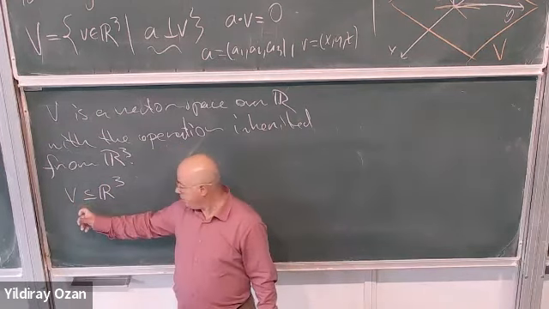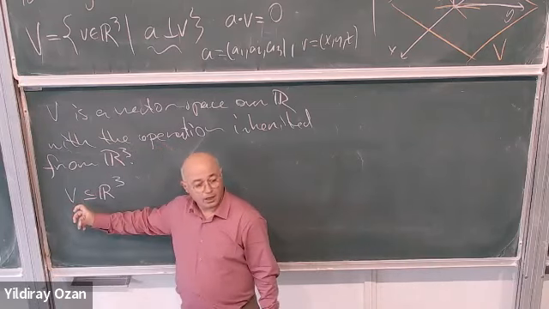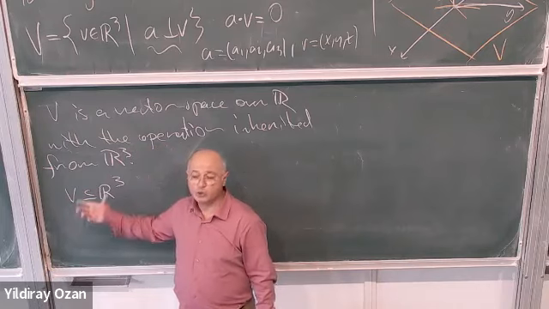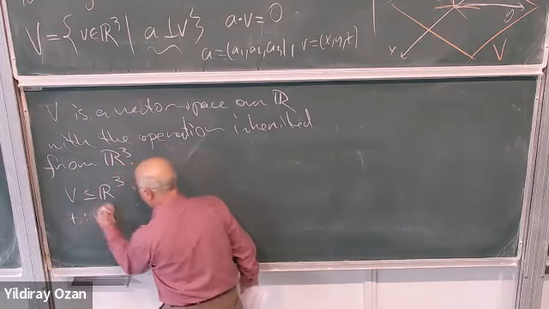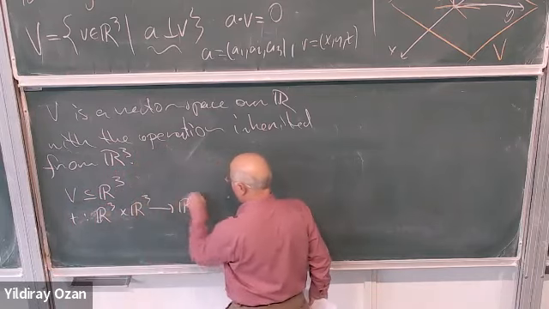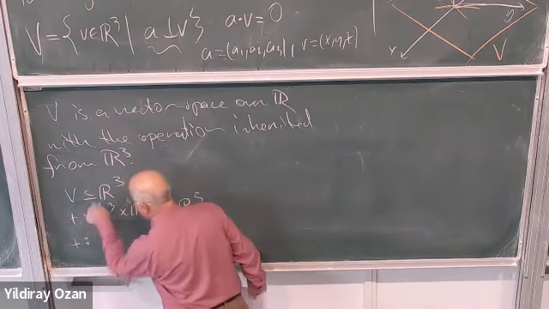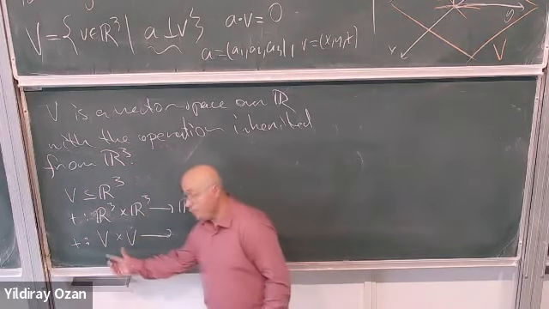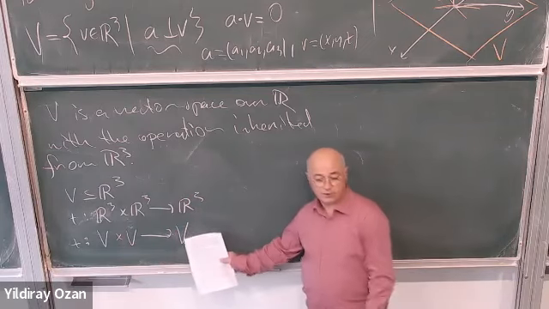If addition is an operation on V, this is what we are claiming, then the sum of two vectors arbitrarily chosen from this set should lie in the set, right? Because this plus operation, I claimed, is an operation in R3. So I will take two vectors, add them up, and get a third vector. I claim the following. If I restrict this operation to V cross V, in other words, if I take two vectors from V, then the sum also is a vector here.